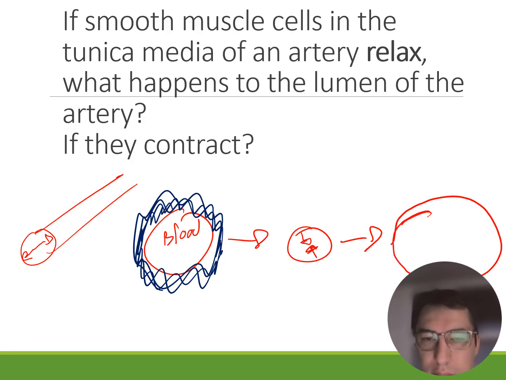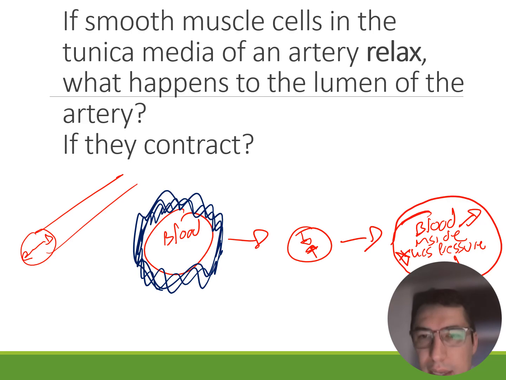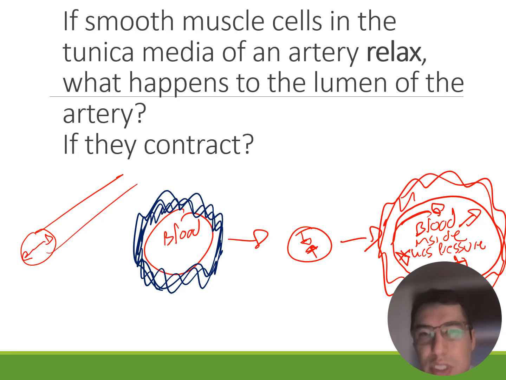The blood inside has pressure, and that pressure is what is pushing the vessel's wall back, and we don't have that resistance anymore from those concentric muscle sheets to push it in, because there is no activation.